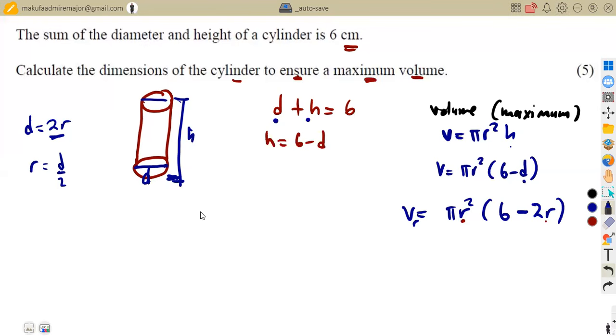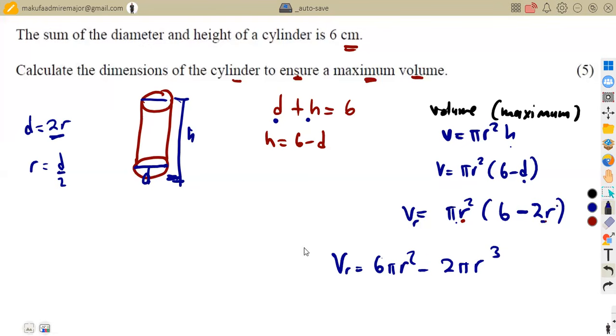That's the idea. So expanding this part, multiplying by pi r squared, we are going to have 6 pi r squared on this part, and minus 2 pi r to the exponent of 3.